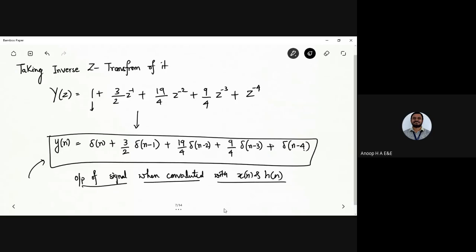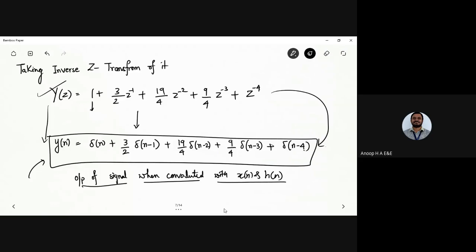So what do I get here? I get y of z, which is present. From y of z, what do I get? y of n would be equal to 1, whose inverse z transform is delta of n, and z power minus 1 multiplied with 3 by 2 gives 3 by 2 delta of n minus 1, and so on.